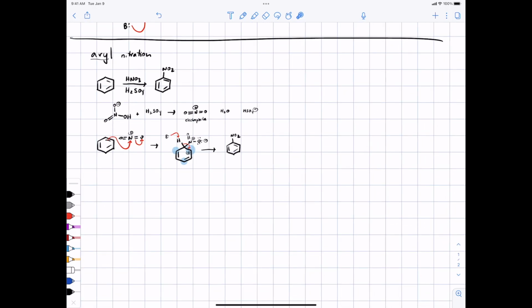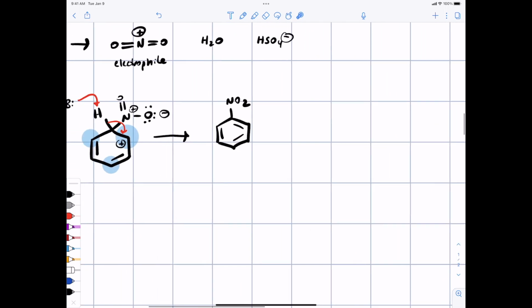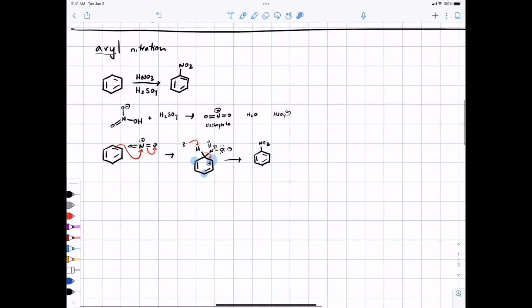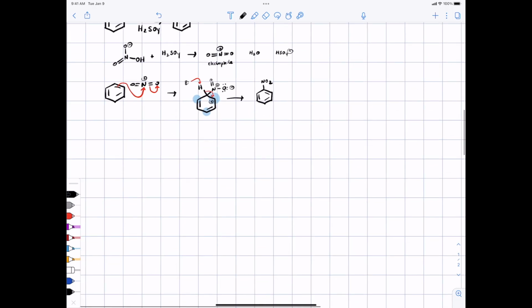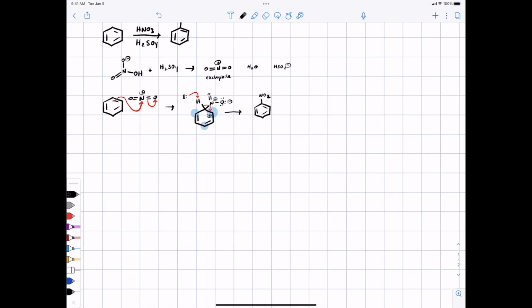While we're on the subject, some of these functional groups are subject to further modification. So a nitro group can actually be converted into an amino group by reduction. I'm not sure what to call this other than maybe we'll call it a derivatization reaction. We're changing the structure, we're making a derivative of nitrobenzene.